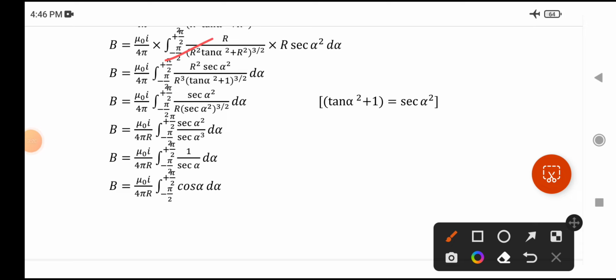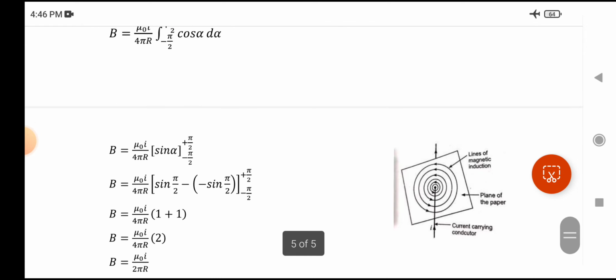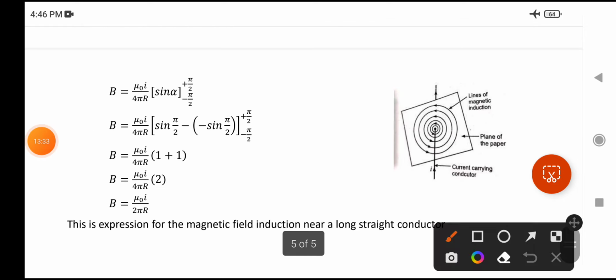And see the limits are written: minus pi by 2 to plus pi by 2. 1 by secant alpha is cos alpha. Integration of cos alpha is sin alpha. Now substitute the first, what? Pi by 2 in the place of alpha. After that, minus pi by 2 we have to substitute.